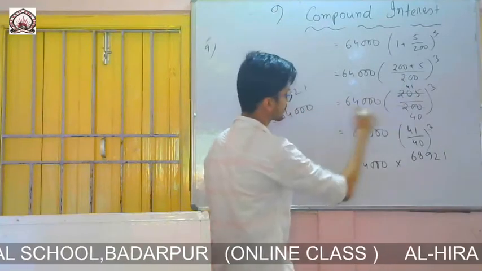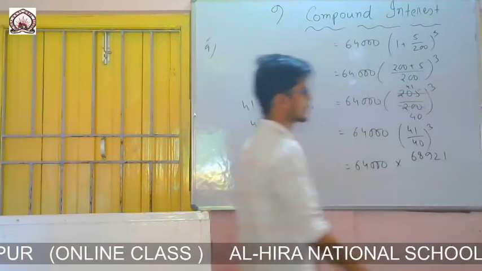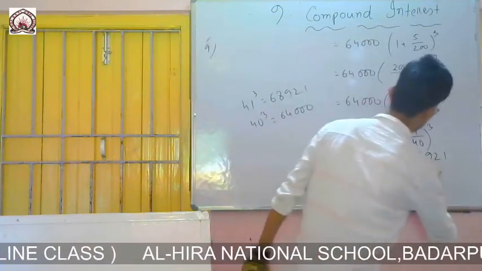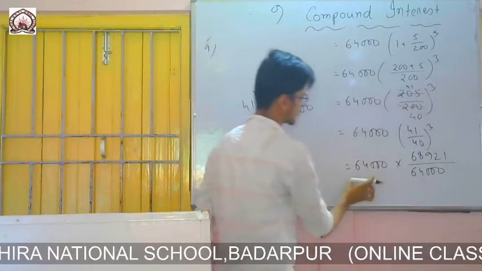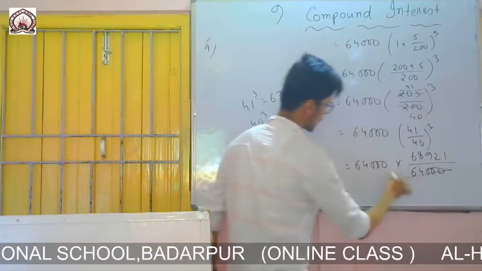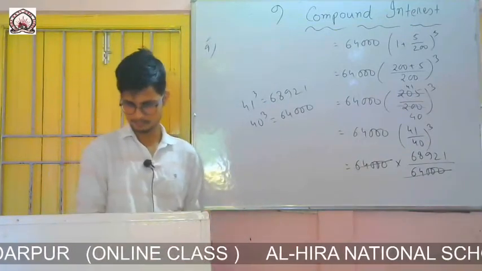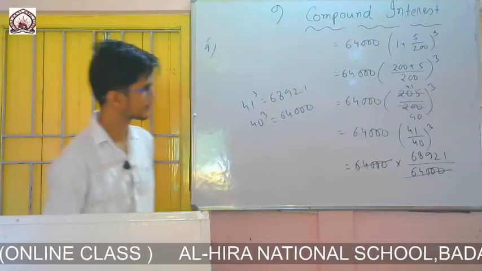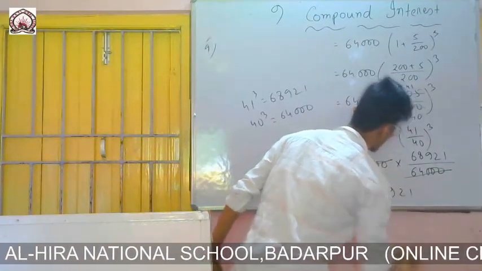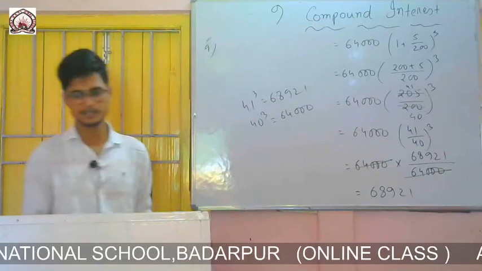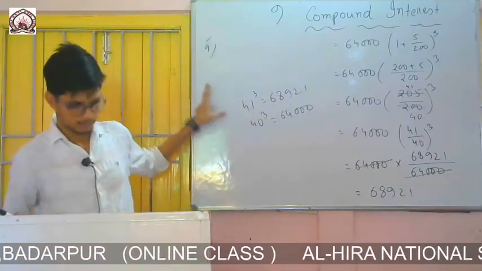By calculating, you can find 41 into 41, then multiply the result again by 41. 40 cube is 64,000. There is 64,000 here also, so I can cancel these two. So the answer is 68921. This is the required population after 3 years.